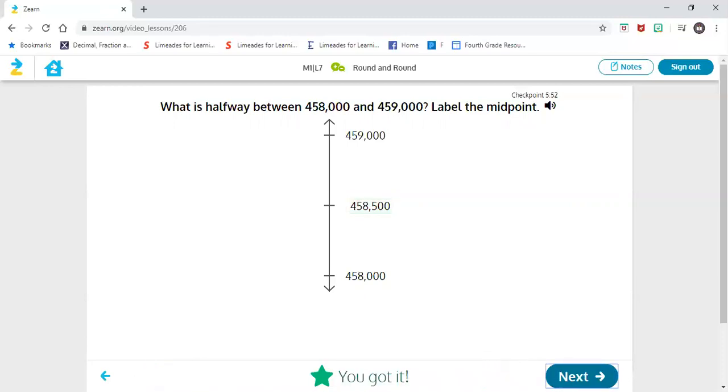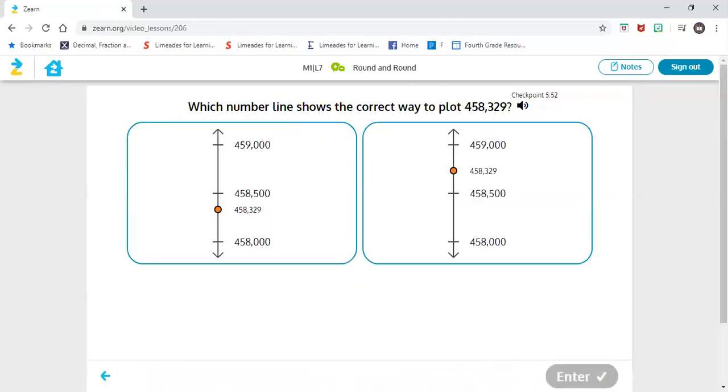So I'm going to use my midpoint to help me figure out whether or not my thousands are going to stay the same or go up 1. So now I'm going to plot my 458,329. I'm going to compare that number to my midpoint, so I will know whether I'm plotting above or below my midpoint.